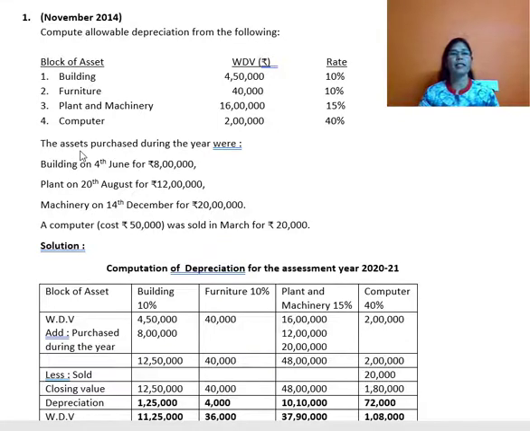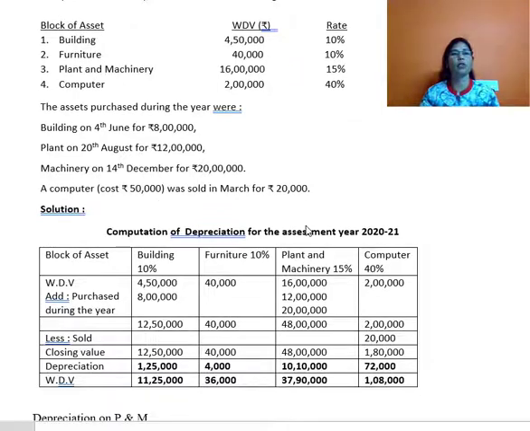Additional information: the assets purchased during the year regarding building, which was on 4th June, plant on 20th August, machinery on 14th December. A computer costing rupees 50,000 was sold in March for rupees 20,000. So this is the information.